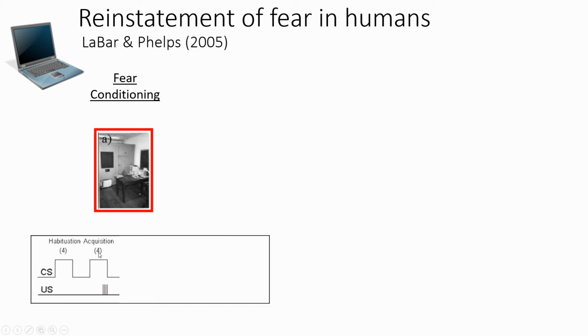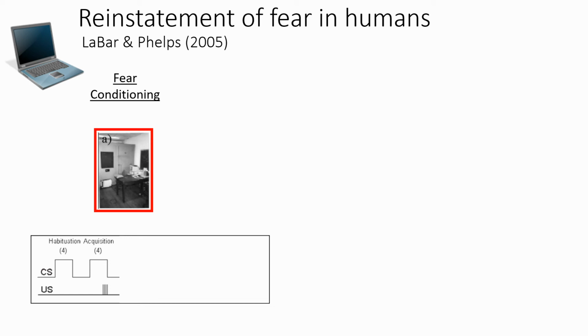Then we move into our acquisition phase. And now our blue square that's on the screen is followed at the very end by a loud burst of noise. That's our unconditioned stimulus. So when that blue square pops up on the screen, and it's been up for a few seconds before it disappears, there's a loud burst of noise.